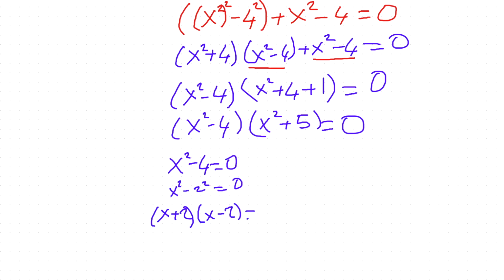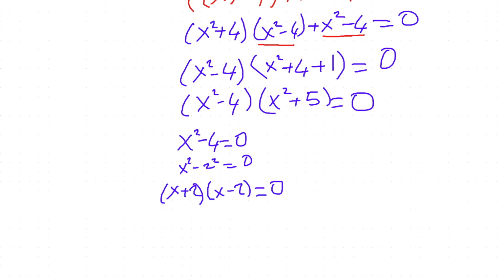So then x plus 2 must be equal to 0, and we will get negative 2 for x. And x minus 2 will also be equal to 0, so we will get x as 2.